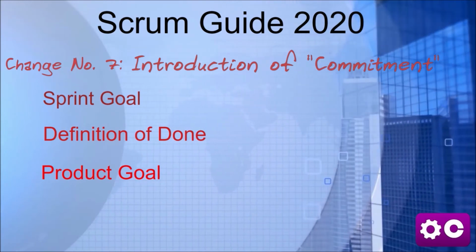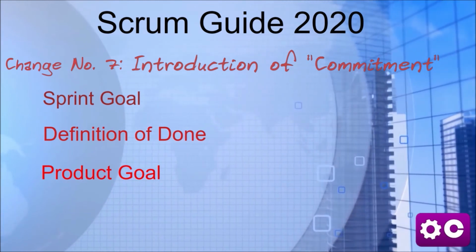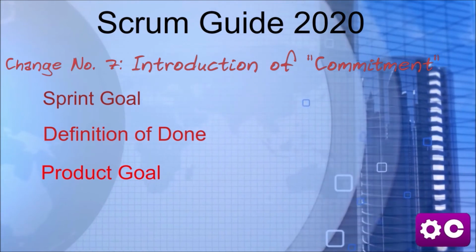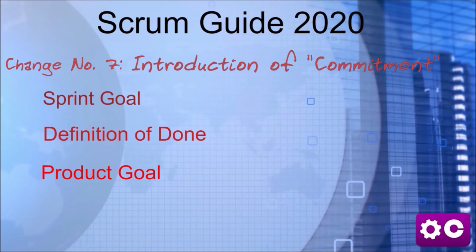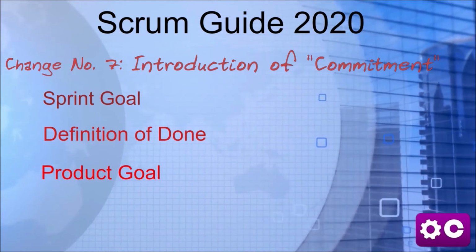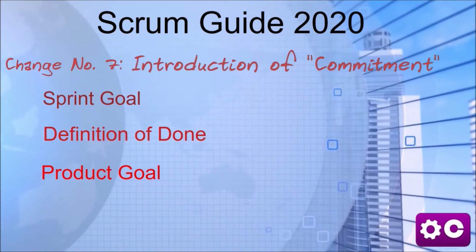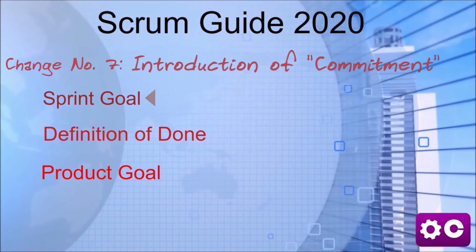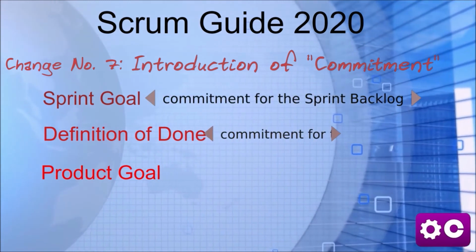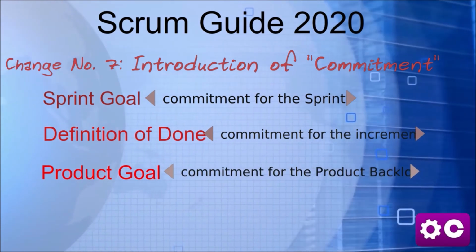In previous versions of the Scrum Guide, the definition of done and the sprint goal missed the essential link between each other, as the definition of done was defined in a separate topic and not really related to the different artifacts and elements of Scrum. But in Scrum Guide 2020, the sprint goal is the commitment for the sprint backlog. The definition of done is the commitment given for the increment, and the product goal is the commitment for the product backlog.